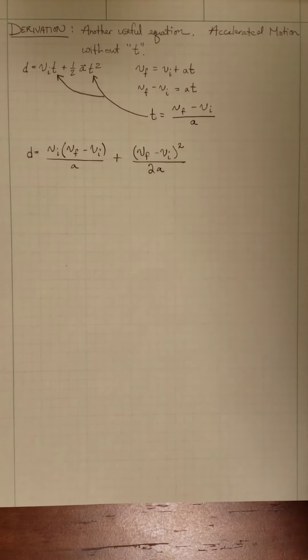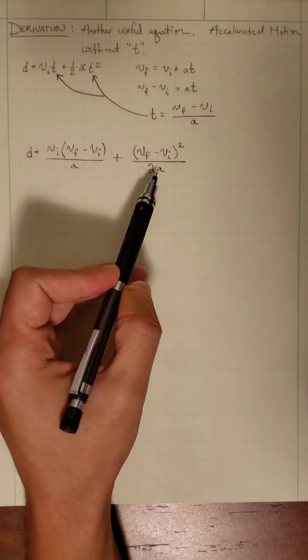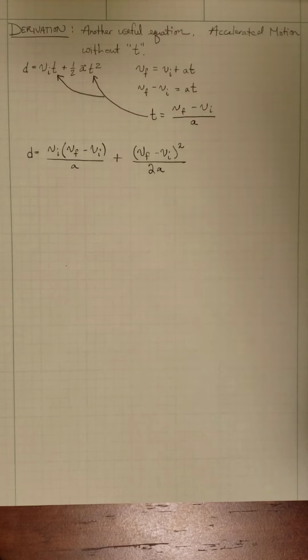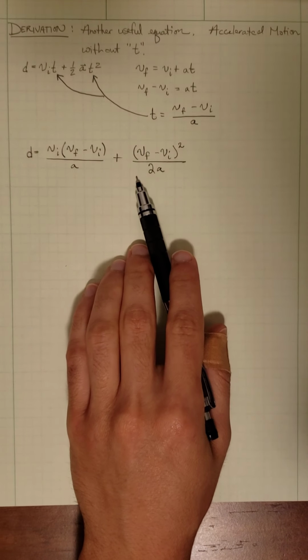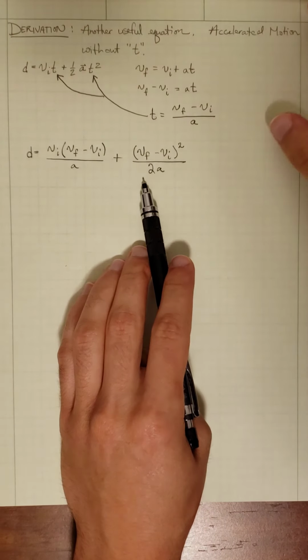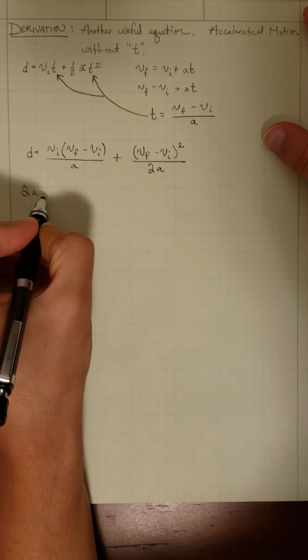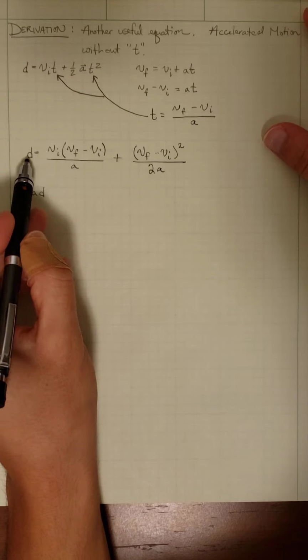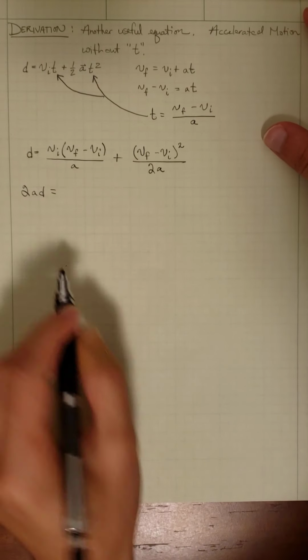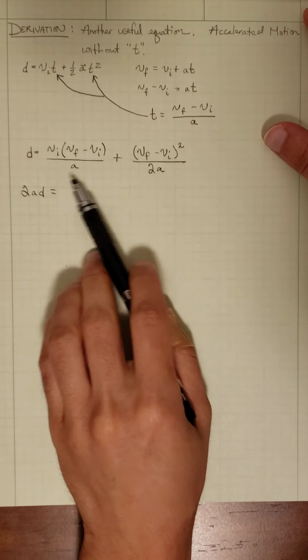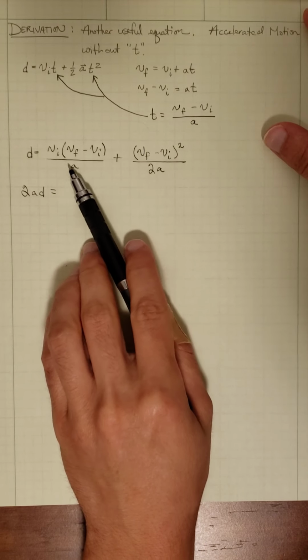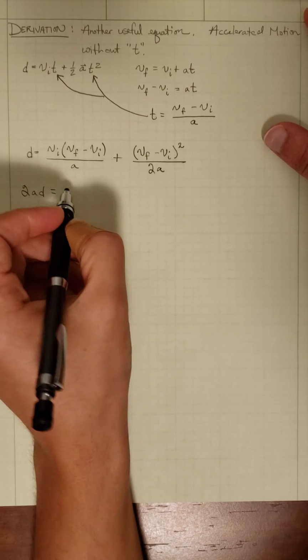I'm going to first multiply every term by 2a to clear the denominators, because that is the most jarring ugliness. So we have 2ad, that's this times 2a, equals, if I multiply this term by 2a, the a gets rid of the denominator, and then I'm left with a 2.